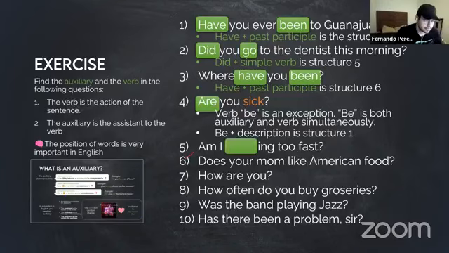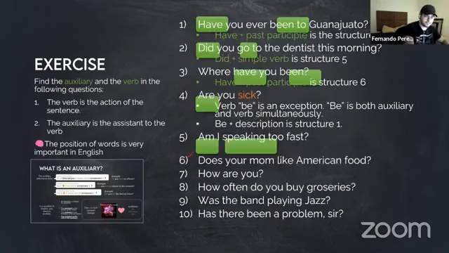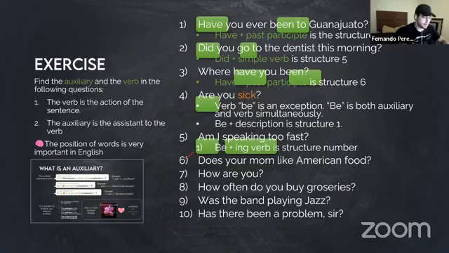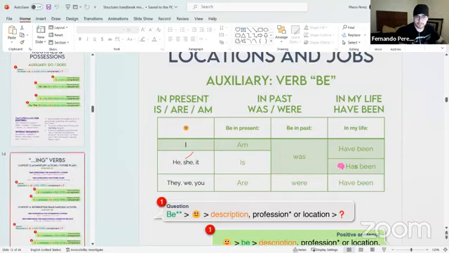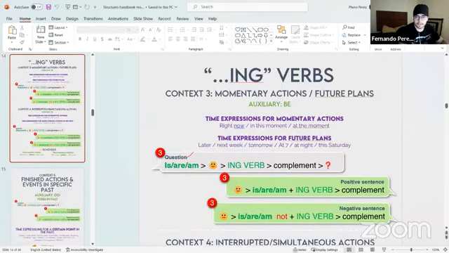Correct. The verb is speaking and the auxiliary is am. Very good. This structure, be plus ing verb, is structure number 3. Yes, number 3.